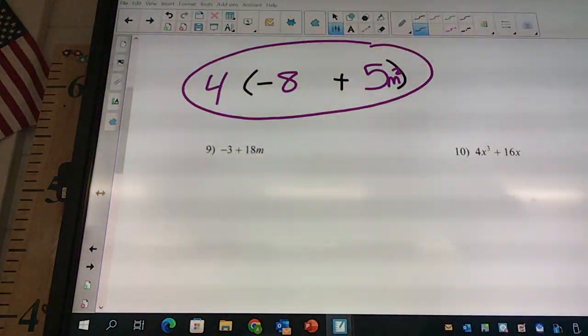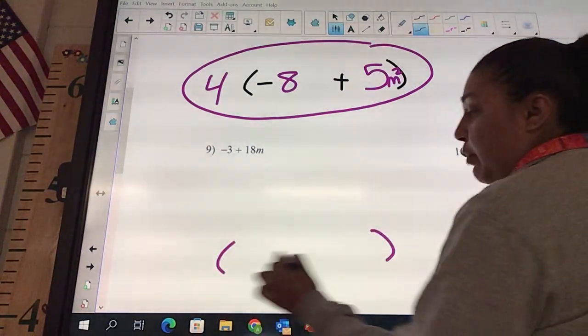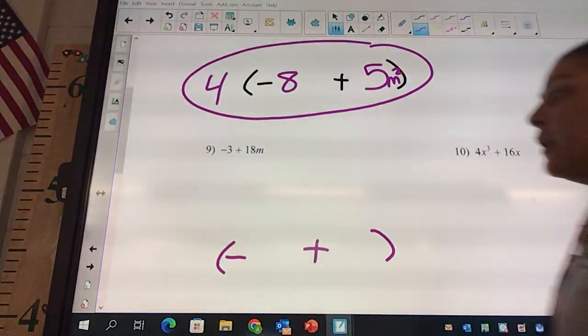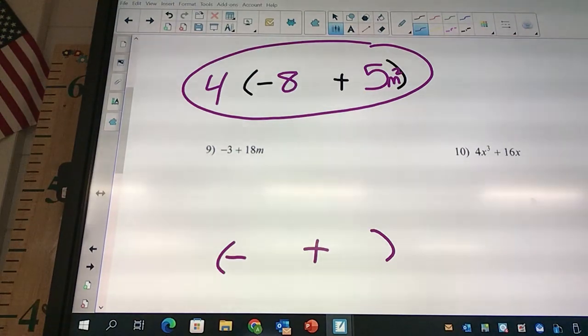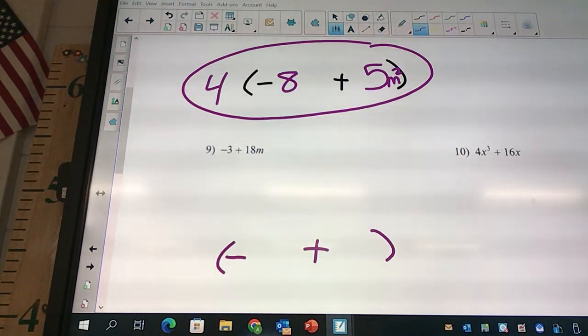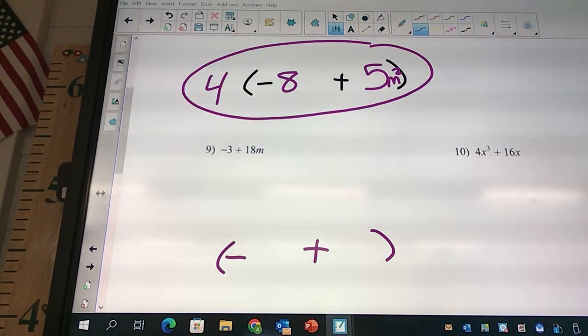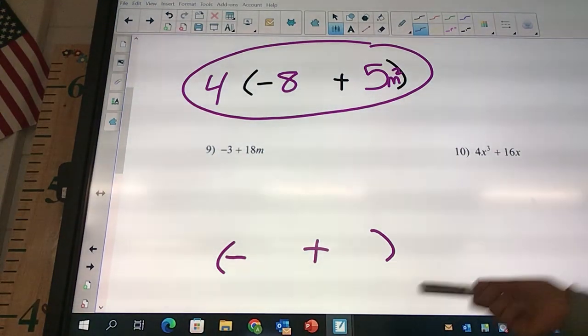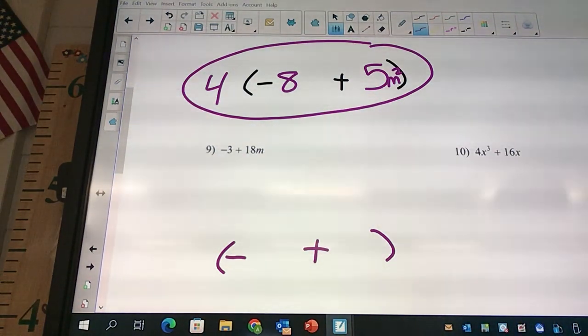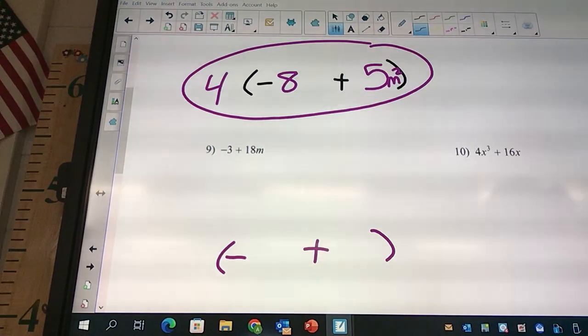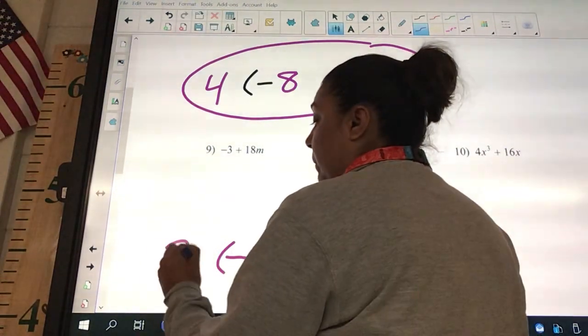Okay, look at 9. Draw your parentheses. Put your signs back. Let's look at the numbers. What is the biggest number I could possibly pull? Cannot be any bigger than 3. Does 3 go into 18? Yeah. So we can pull a 3 out.